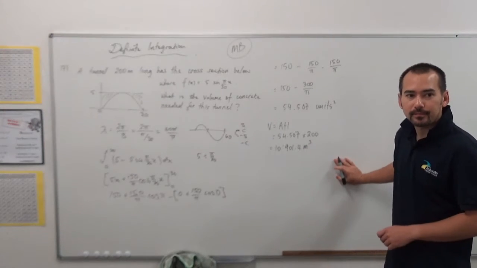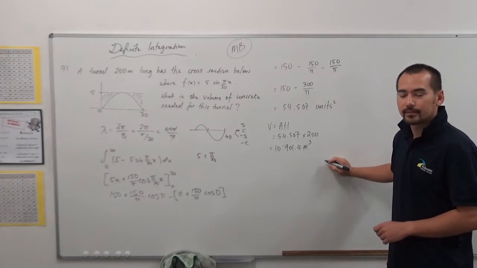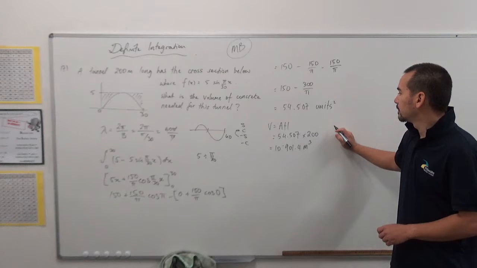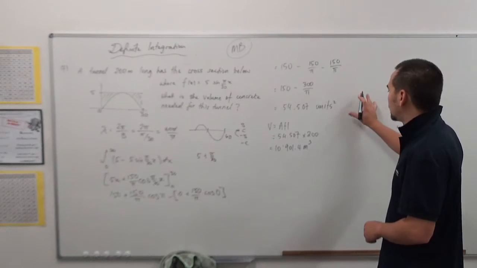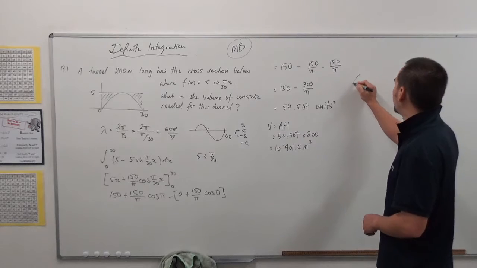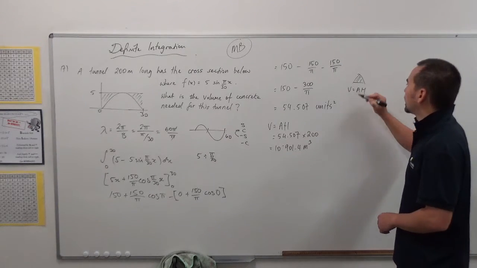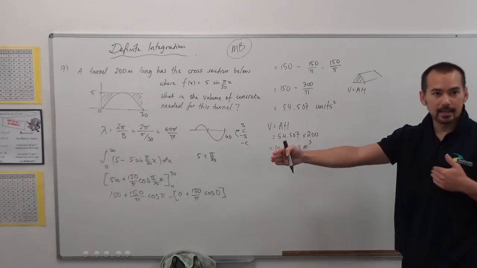So you have 54.507 units squared. How come you can multiply that by 200 meters? Because that's two different units technically, unless you state that it is meters squared. Yeah, because I'm using the volume of prisms. If you can work out the area of a triangle, then its prism is just multiplying it by its depth.